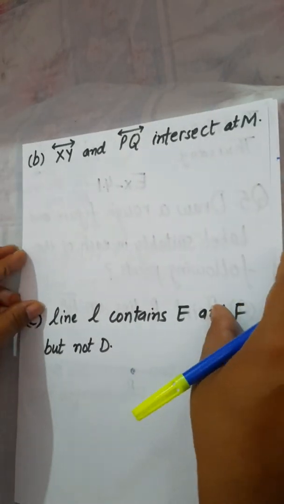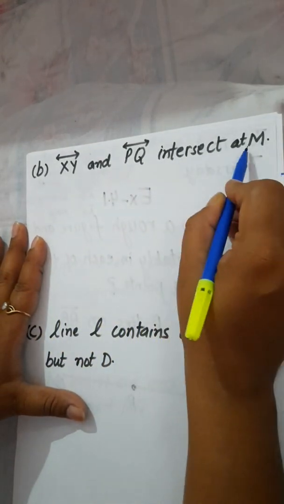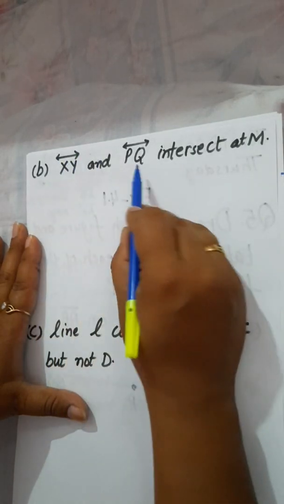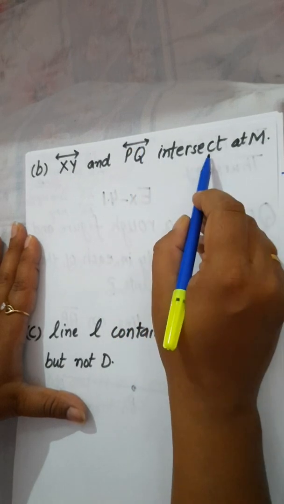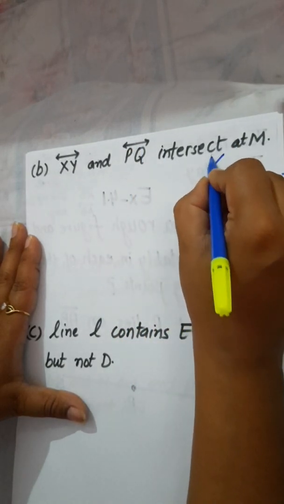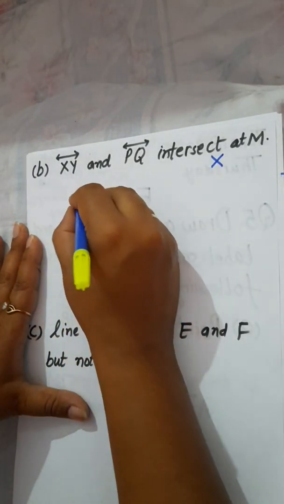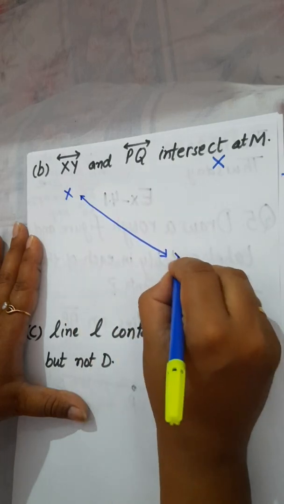Next we have B part. B part is XY and PQ intersect at M. So this symbol represents XY is a line, and PQ also represents a line. Intersect means both the lines will cross each other at a point, like a cross. So let's draw the first line, XY.